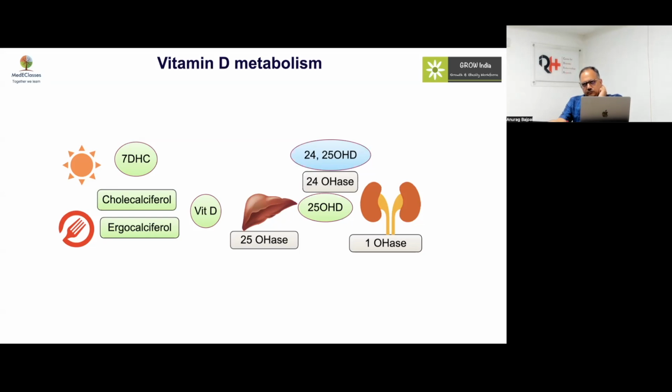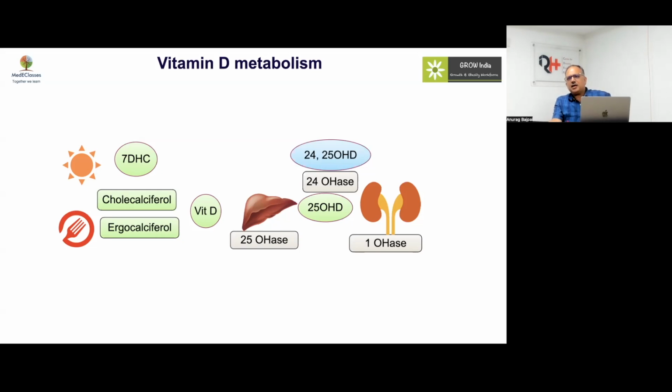They will also present with rickets and will respond to the vitamin D. Why? Because you don't have 25-hydroxylase. So essentially, you're not giving 25. This is a scenario in which 25-hydroxylase deficiency is there.